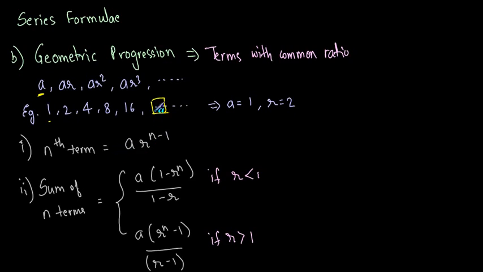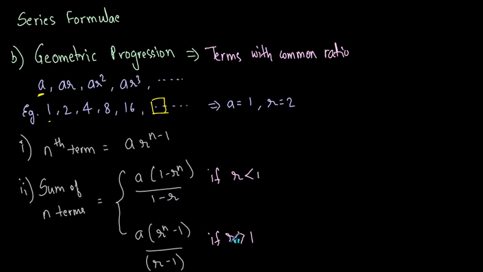So here we have to find the sixth term. Put n equal to 6 and the respective values of a and r to find the value of the nth term. And if you have to find the sum of n terms in a geometric progression, then we have two cases. If the ratio is less than 1, that is the series is in decreasing order, then use this formula: a into 1 minus r raised to n divided by 1 minus r.